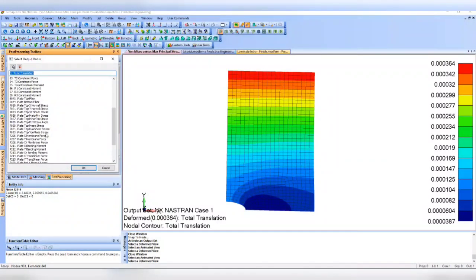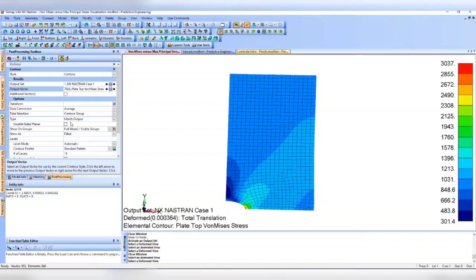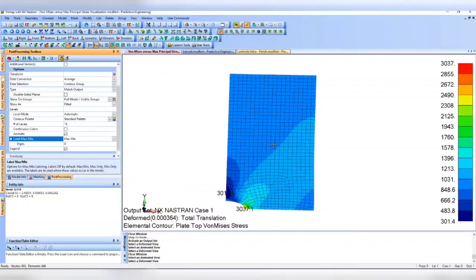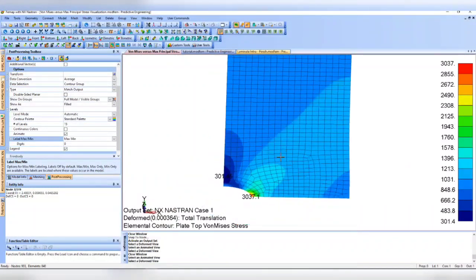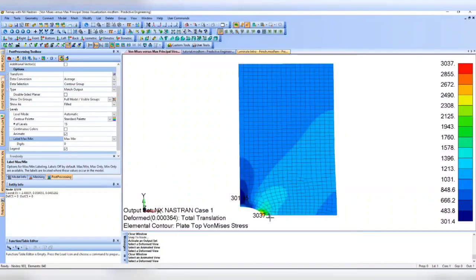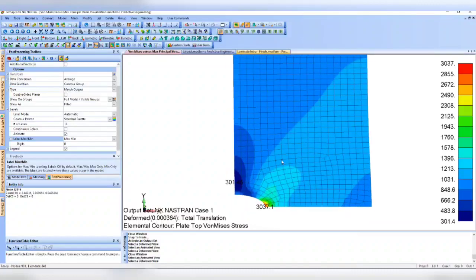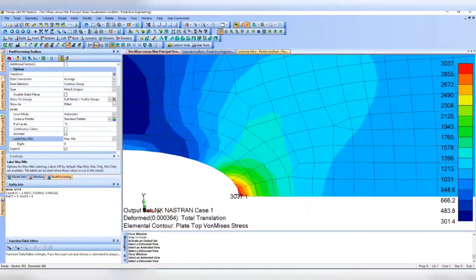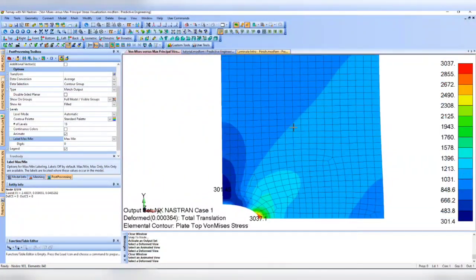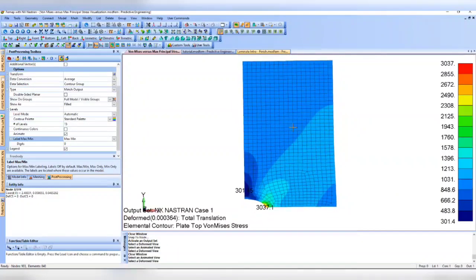Let's go through the concept of von Mises stress first. So notice here that the max von Mises stress is 3000 psi, located at this point, located along this element here. My question to you all is, is this value a compressive value or a tension value?